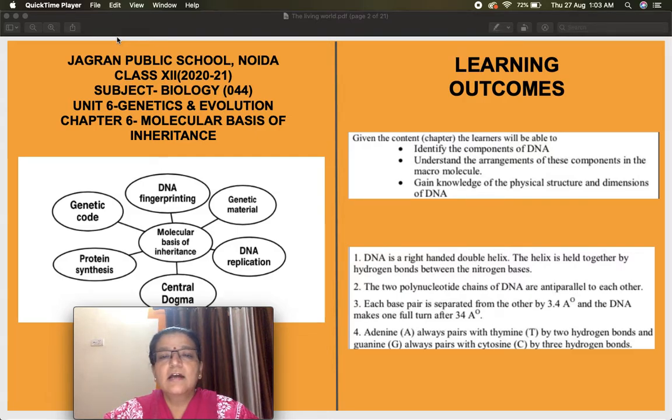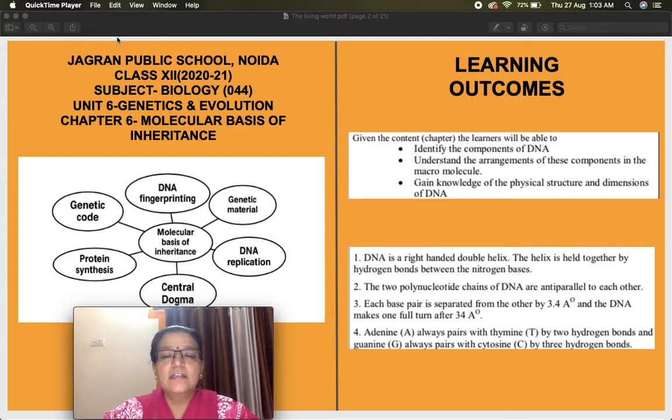After today's class, we are expecting the following learning objectives. You as a learner will be able to identify the components of DNA, understand the arrangement of these components in the macromolecule, and gain knowledge of the physical structure and dimensions of DNA.